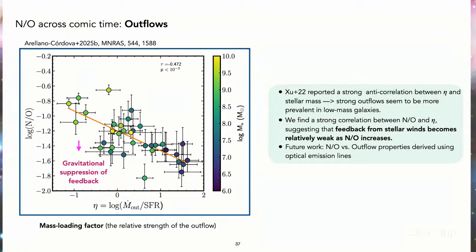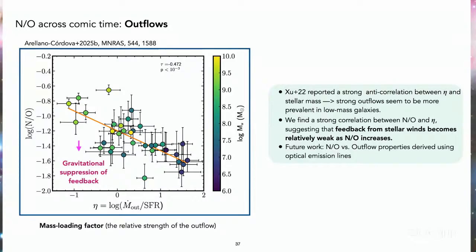This means that the outflow is more efficient. However, what we found here with nitrogen abundance is that we have these very massive galaxies, but the mass loading factor is very low.